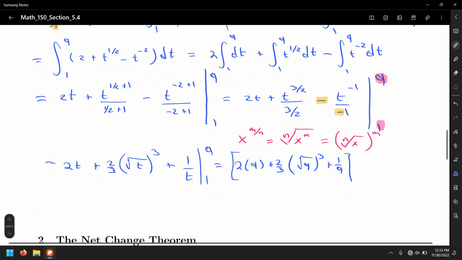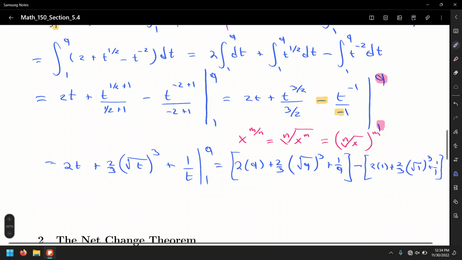So that's evaluating at the upper limit, minus evaluating at the lower limit. That's 2 times 1 plus 2/3 of square root of 1 cubed plus 1 over 1. So that's the setup for the evaluation.